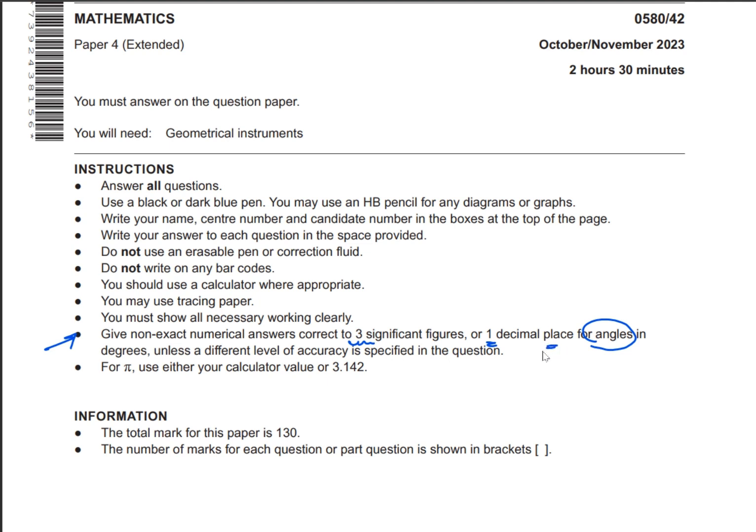Unless he gives you another specified accuracy in the question, like correct to the nearest 1 decimal, correct to the nearest 2 decimal, whatever. Okay? Then for pi, use either your calculator value or 3.142, not 3.14 only, 3.142, not 22/7, only 3.142, or I prefer to use the calculator value.